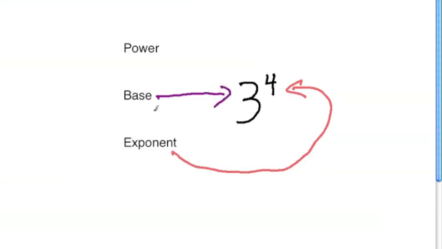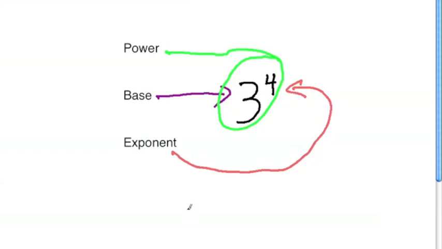So the exponent here is 4. The base is 3. And the power is the entire thing, 3 to the 4th power.